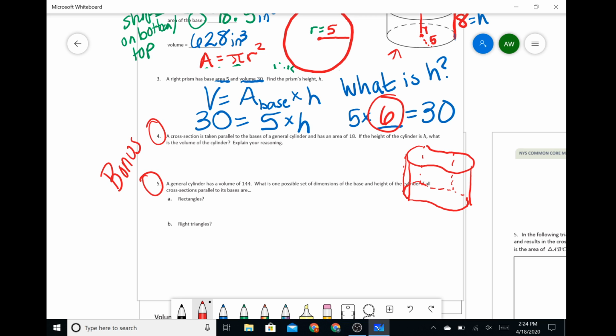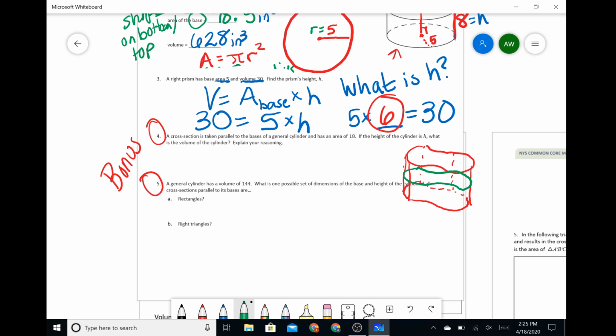My apologies. But what it's saying is we take a cross section that's parallel to the bases. And when we say parallel to the bases, that does mean that it's a true cross section. It's not just a general slice. So when we take that cross section, it's like we're taking this green section here. And that green section is congruent to, it's a perfect copy of, what's above and what's below.